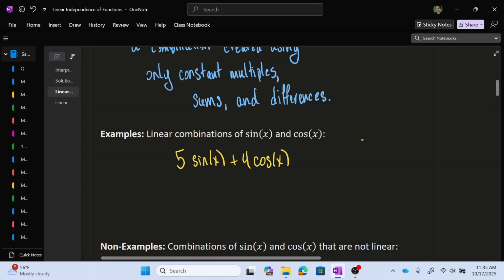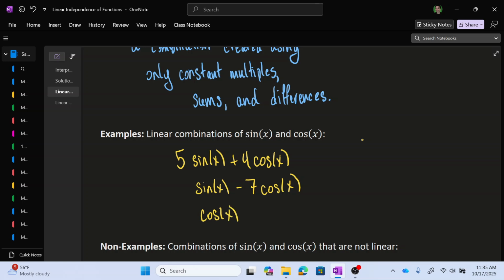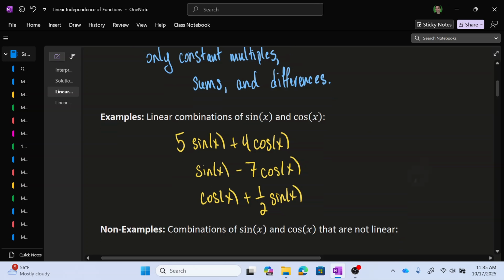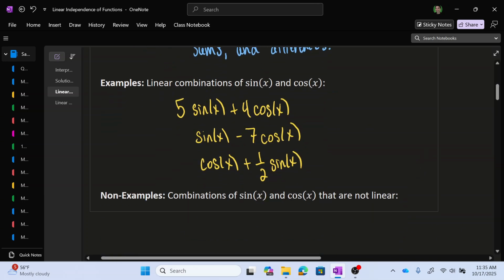It could also be sine of x minus 7 times cosine of x. Here I'm combining them using constant multiples and differences. I could do cosine x plus 1/2 sine of x. Just constant multiples and sums. So each of these would count as a linear combination because I've combined these functions using only constant multiples, sums, and differences.